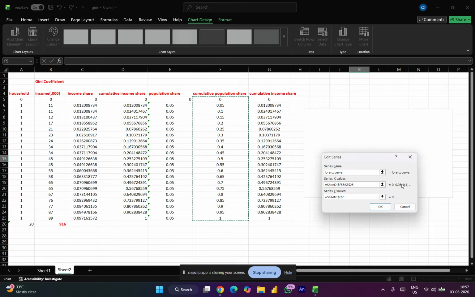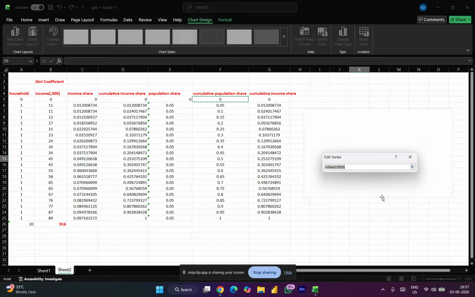And in the vertical axis, we generally put the cumulative income share.